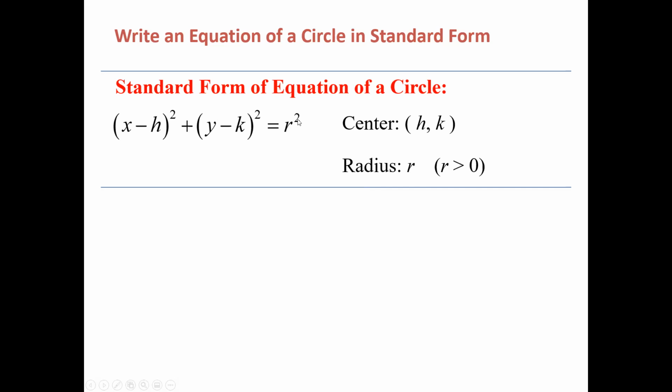The radius squared in the formula, of course, you take the square root of r squared to get r. And we only use the positive. We don't use the negative because distance is a positive value. That's what this says. The r has to be a positive number.